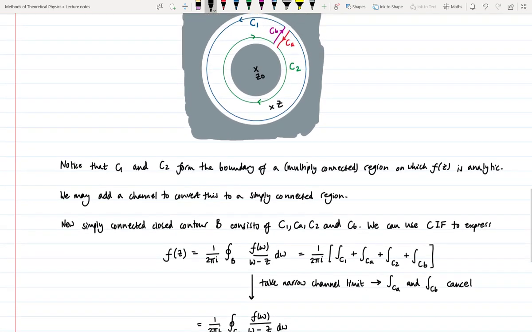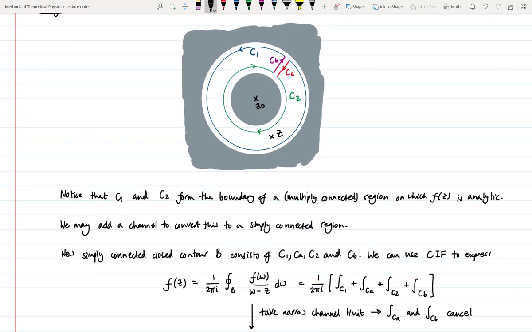Now, in the picture above, the contour C2 is traversed in the clockwise sense. By convention, we want to write closed contour integrals in the anti-clockwise sense. And we can ensure that by adding a minus sign and assuming that the contour C2 is indeed traversed in the conventional anti-clockwise sense.